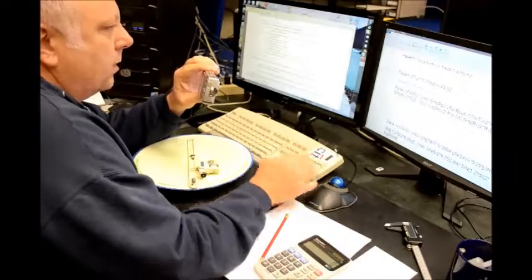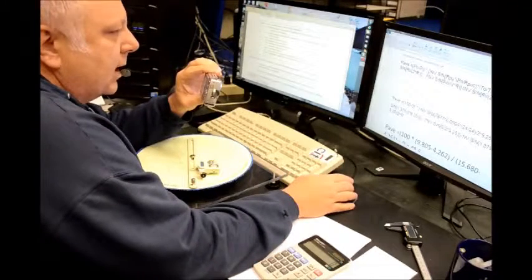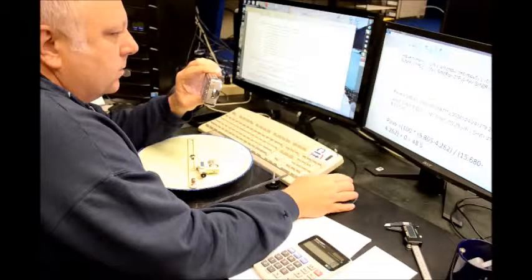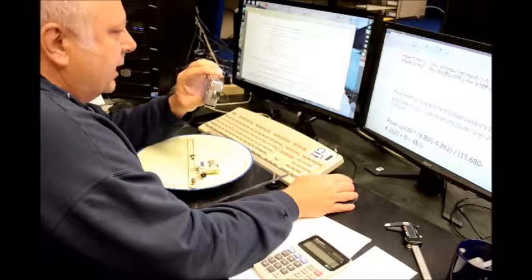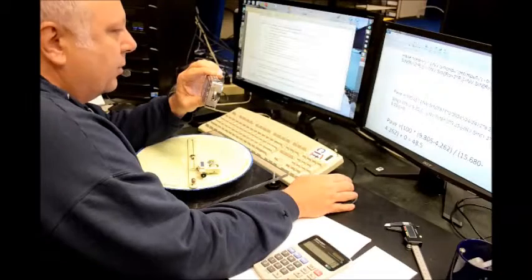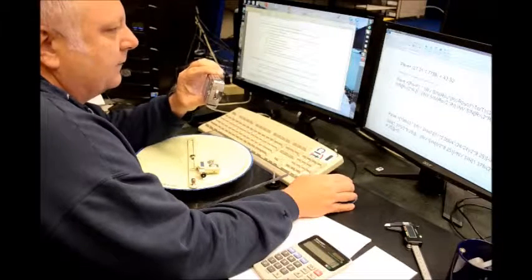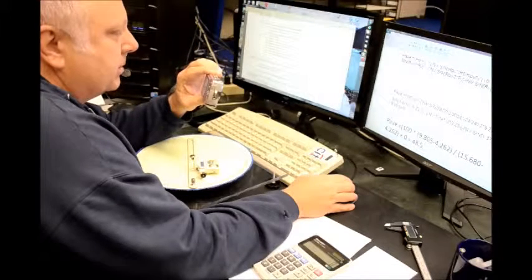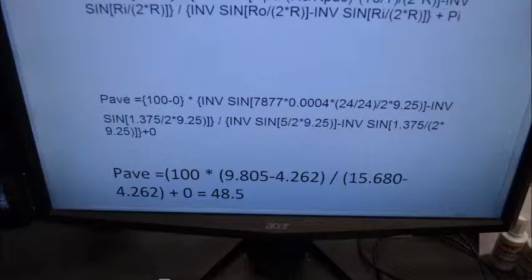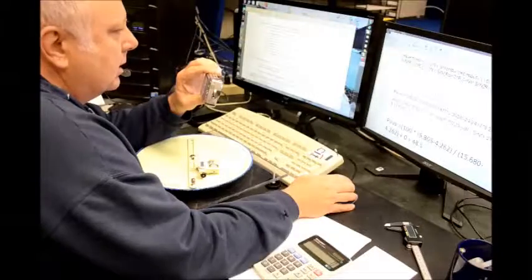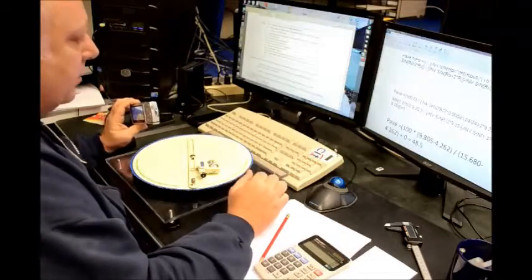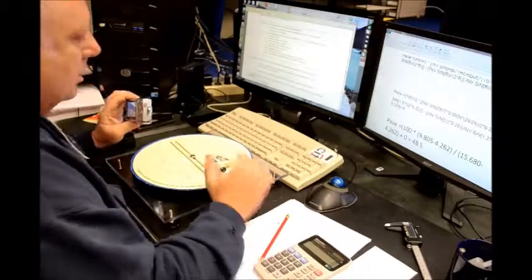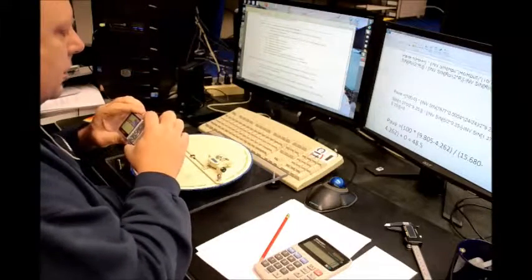When we put in all our values to that formula, we come out with a little bit different answer, 48.5, so about 5 off of the original measurement. And that's how you read a Lasico 1000V mechanical chart reading planimeter.